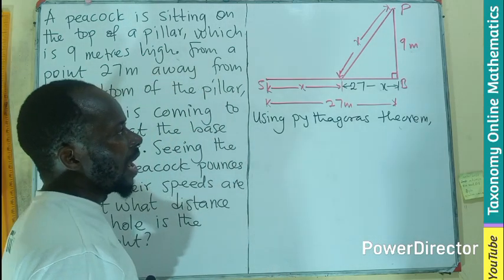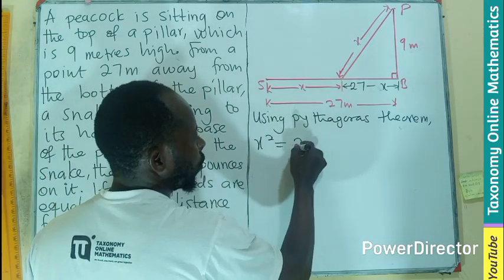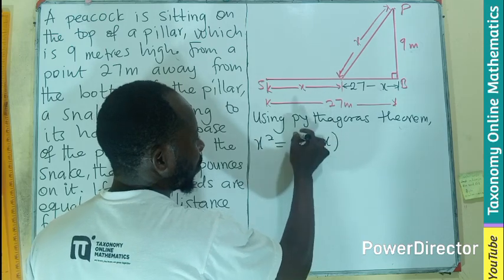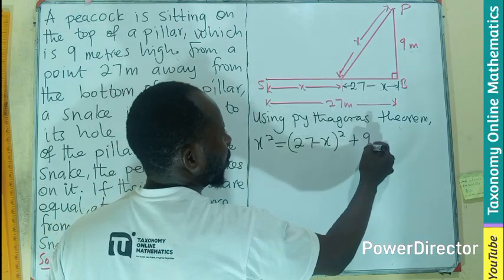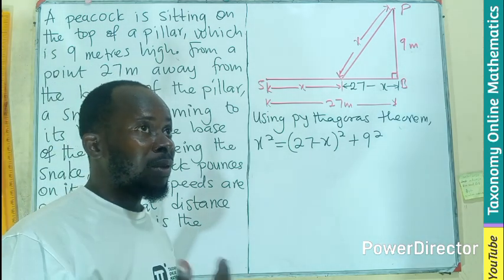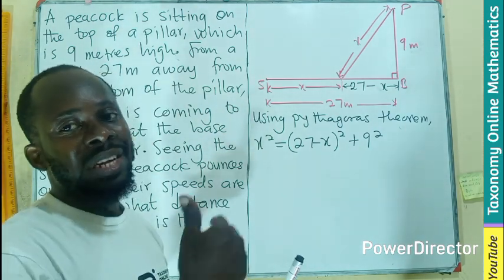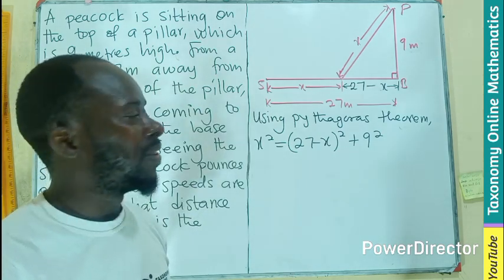We know the longest side is x, so x squared equals 27 minus x all squared plus 9 squared. That is, the sum of the squares of the two shorter sides equals the square of the longer side, right?